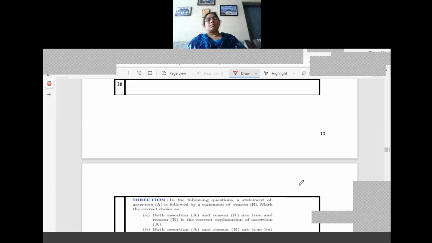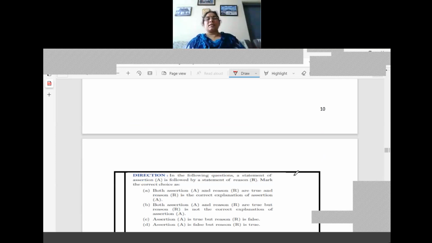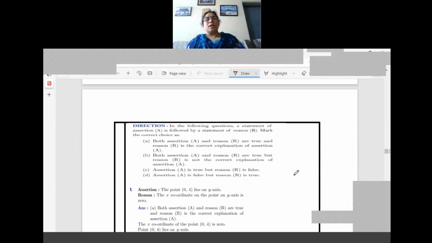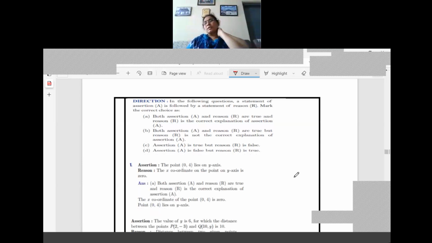Okay. Now one more pattern we will go to, that is assertion and reason. This type of question they have not given in the sample paper, but you should make yourself familiar with it, because anything can be introduced, as they have told in the syllabus: MCQ, filling the blanks, assertion and reason, case study, true or false.